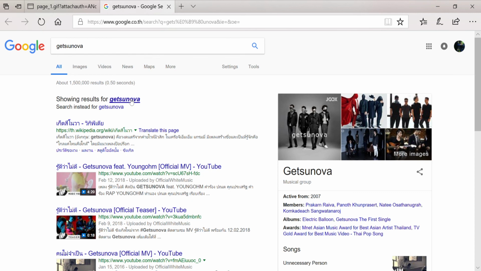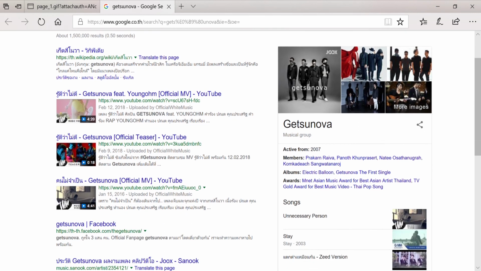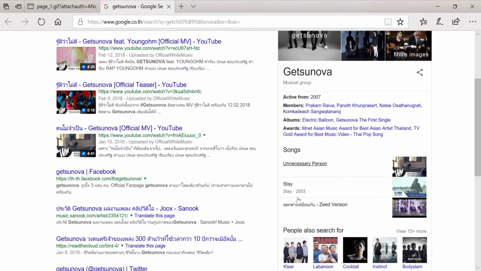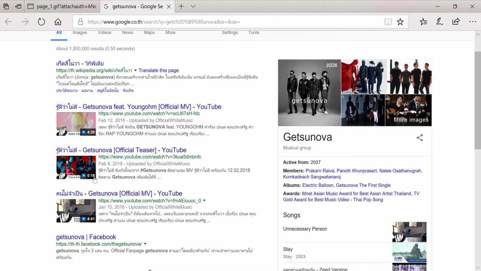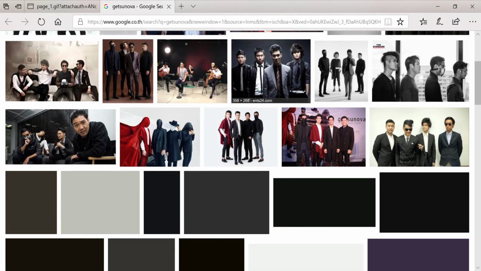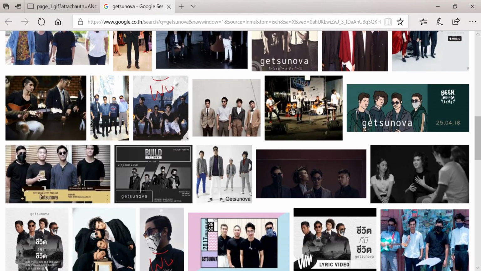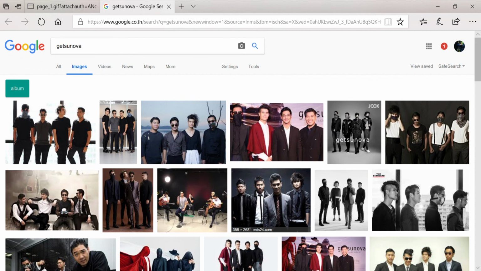Okay, this is Getsunova, and they have quite a number of good songs, like รู้ดีว่าไม่ดี is also quite good. คนไม่จำเป็น is really famous as well. And this is Getsunova. I quite like them, so I highly recommend you go and Google this particular band, Getsunova.